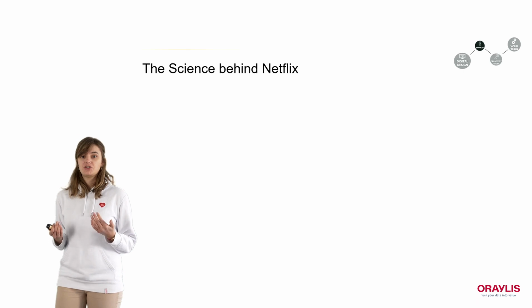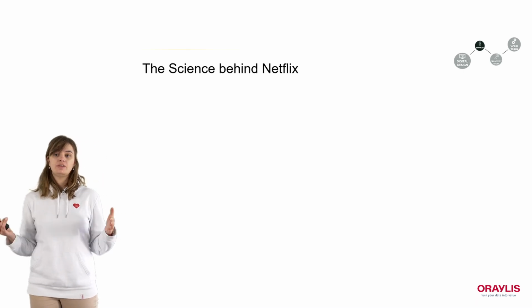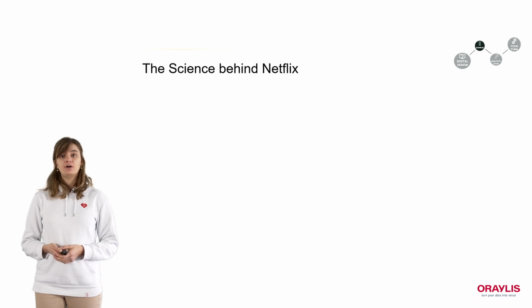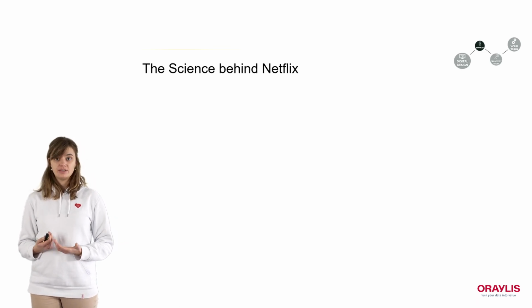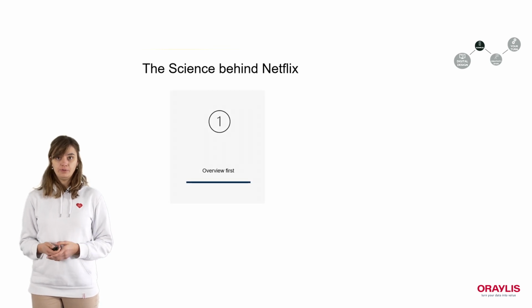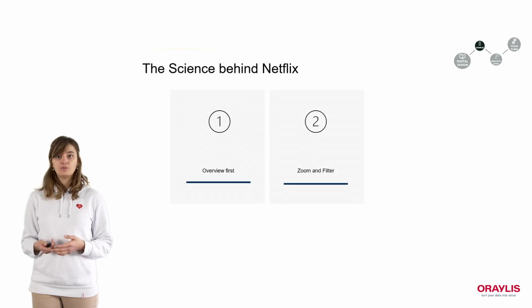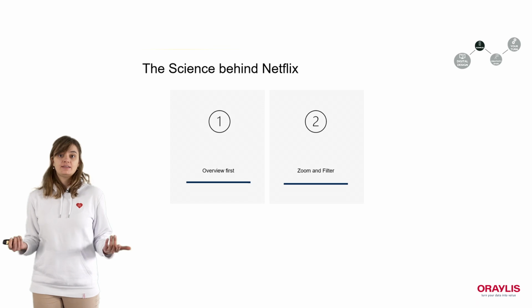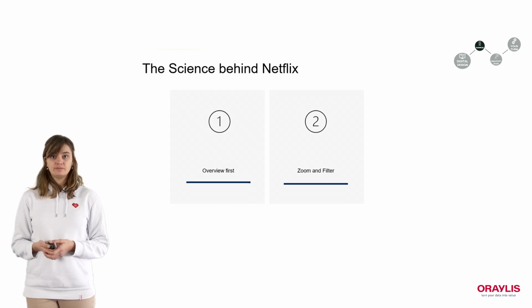All these features we just saw can be seen all over the internet, for example also on YouTube. And they basically follow these three simple rules. First, we give an overview, as we have seen with the big tiles. Then, you give the possibility to zoom into the content. Netflix does this, for example, with the preview feature.